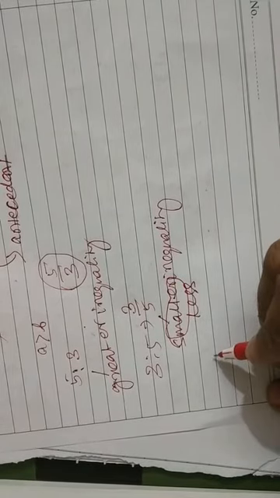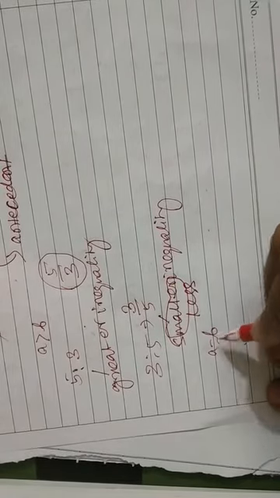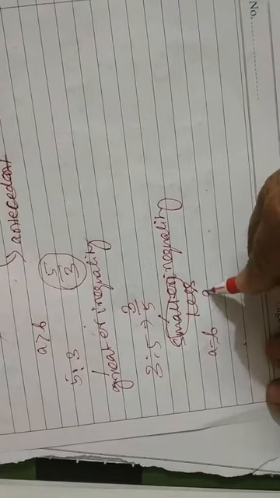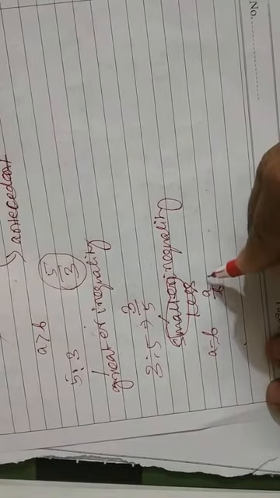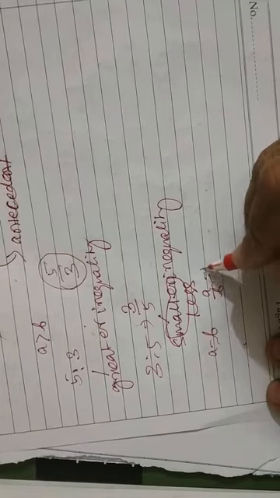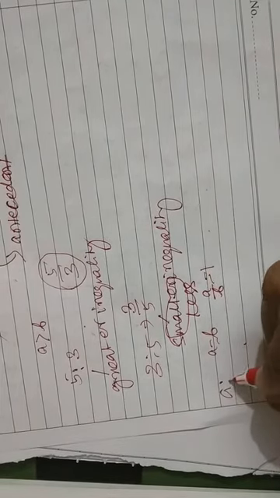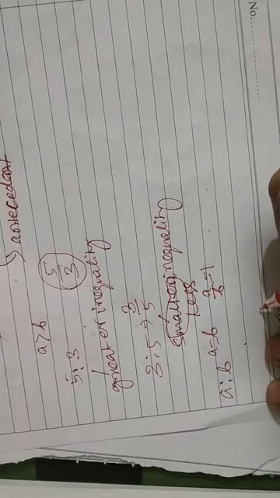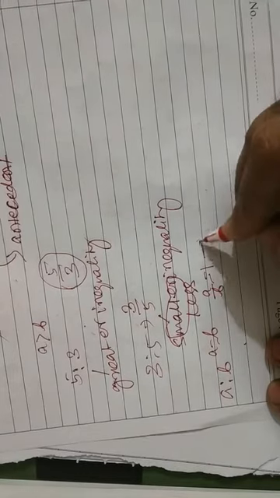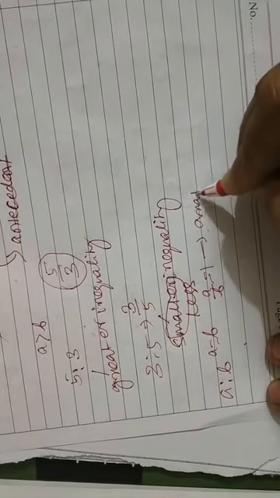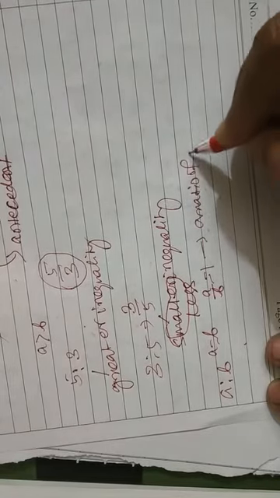And if by chance A equals B, A by B will become 1. The ratio A is to B is called a ratio of equality.